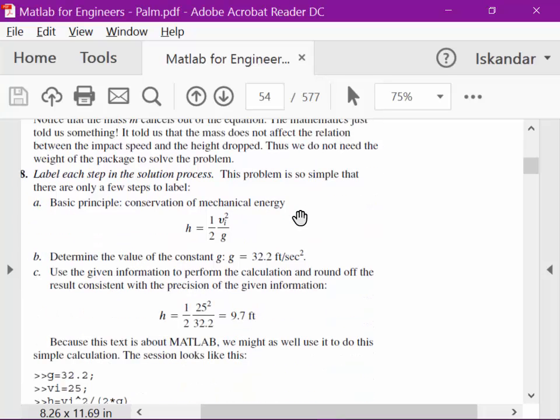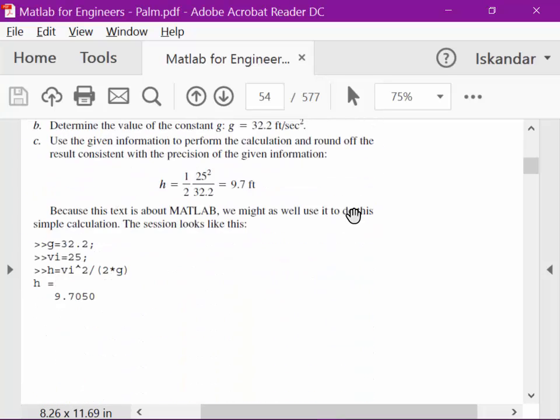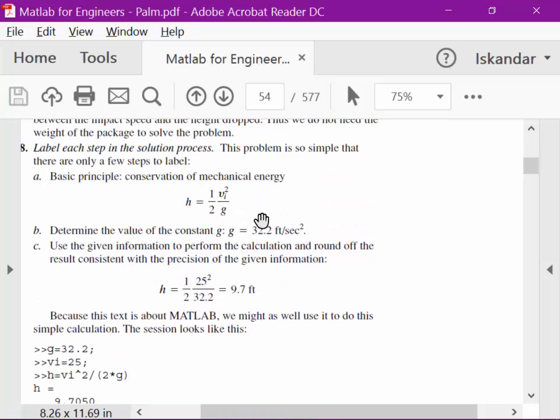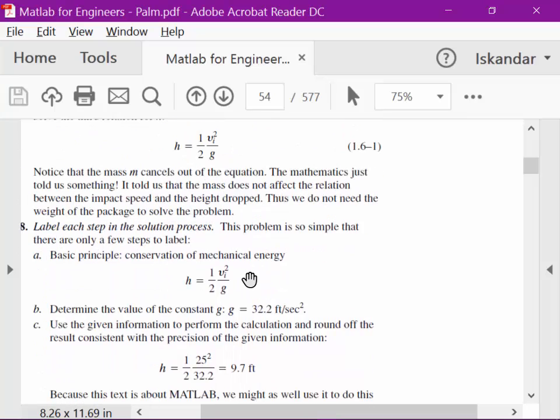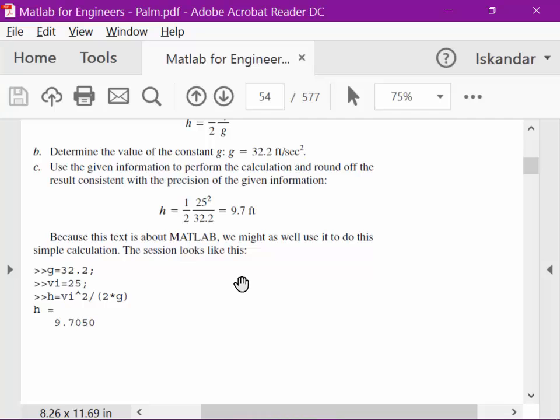So it's simple conservation, and we're given this particular formula: height is equal to v squared over g. So this becomes 25 feet per second squared divided by 32 feet per second squared.